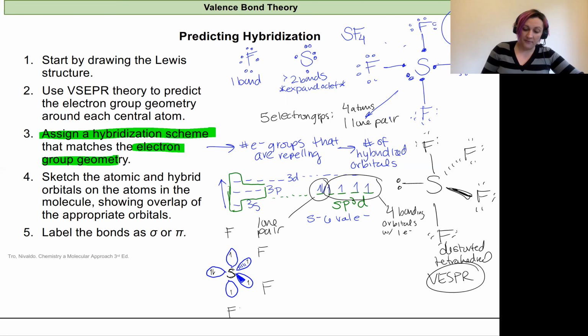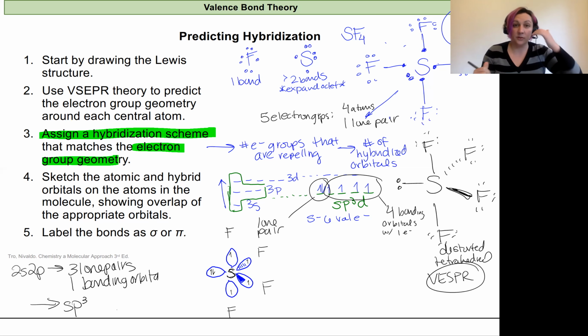And so that fluorine is going to come in as, since it has 2s and 2p, it's going to have 3 lone pairs and 1 bonding orbital. It's going to have sp3 hybridized orbitals as well.